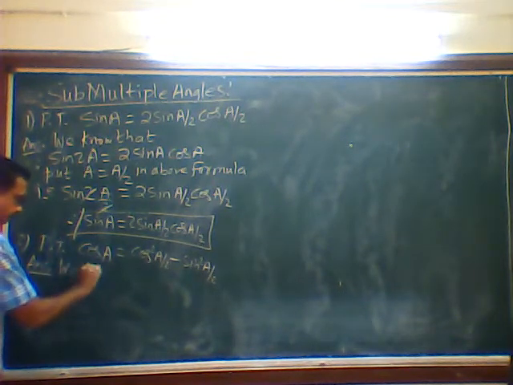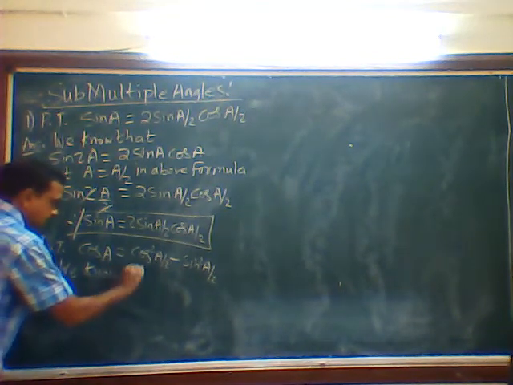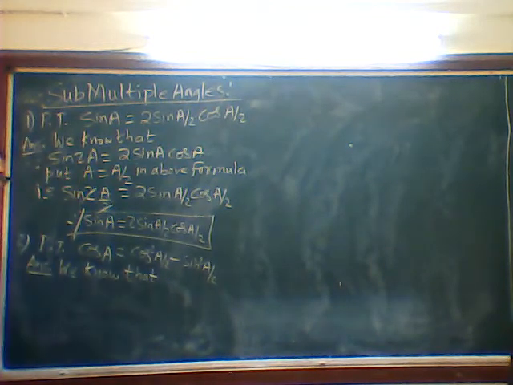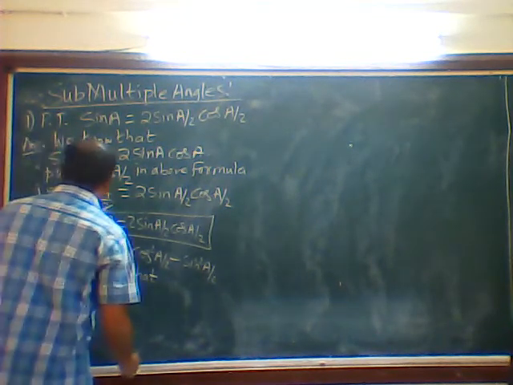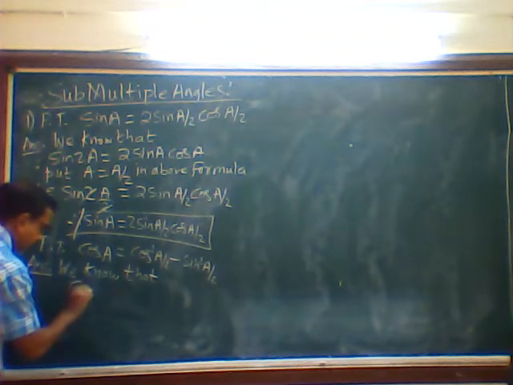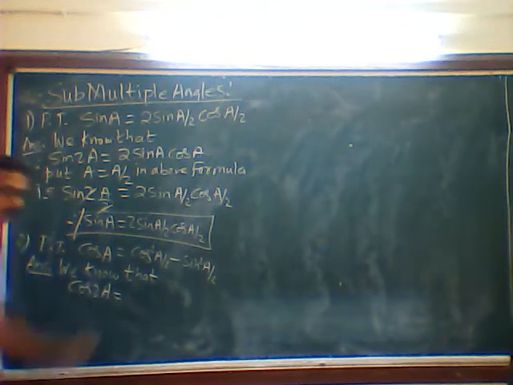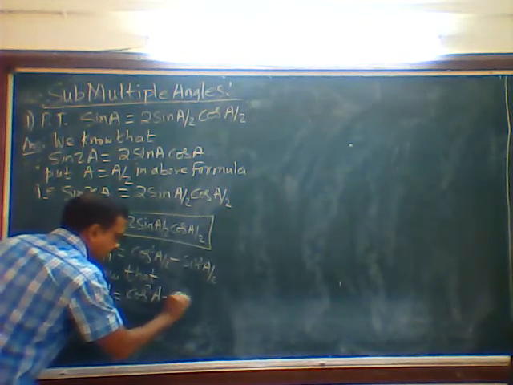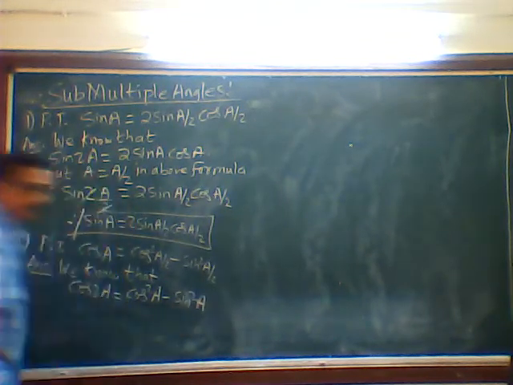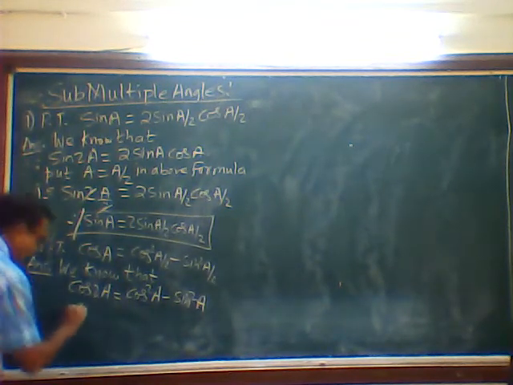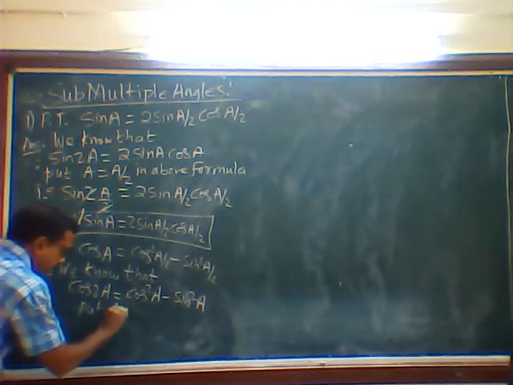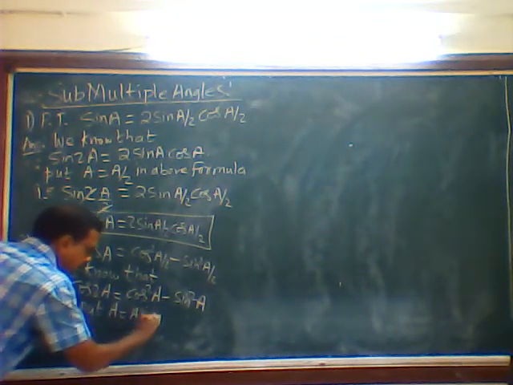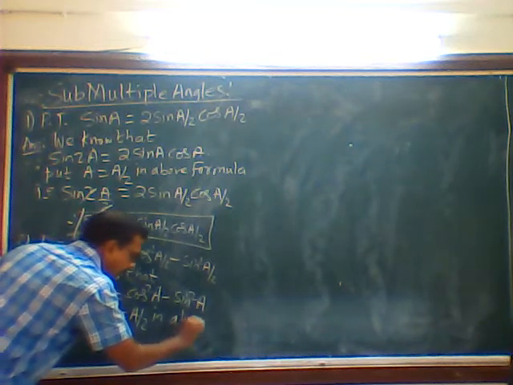We know that cos 2A is what? Cos square A minus sin square A. Fine. Now I will say put A is equal to A by 2 in the above formula.